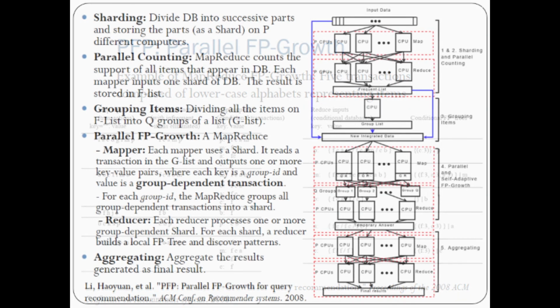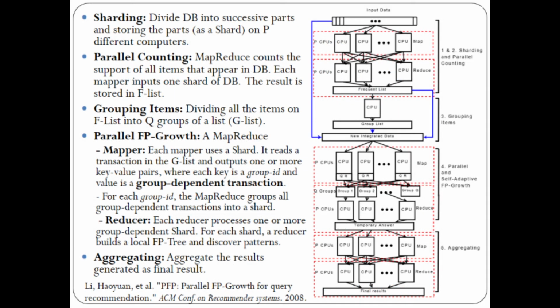Next, we'll see how this map reduce works in detail. This is the complex diagram that you see, where you take input data of transactions, where you have P processors, P CPUs running for the mapping part. And what it does is sharding. What is sharding?